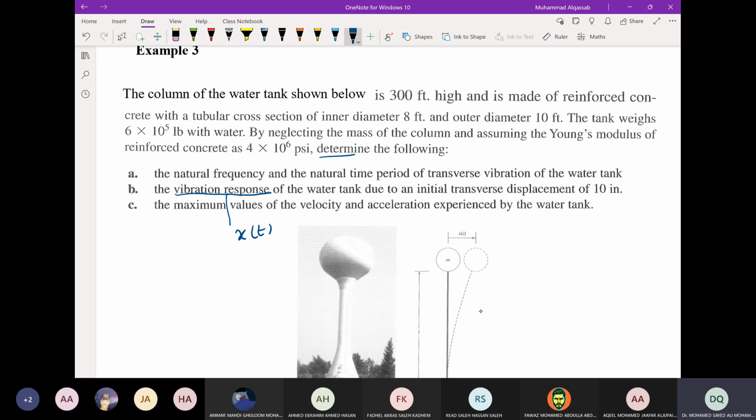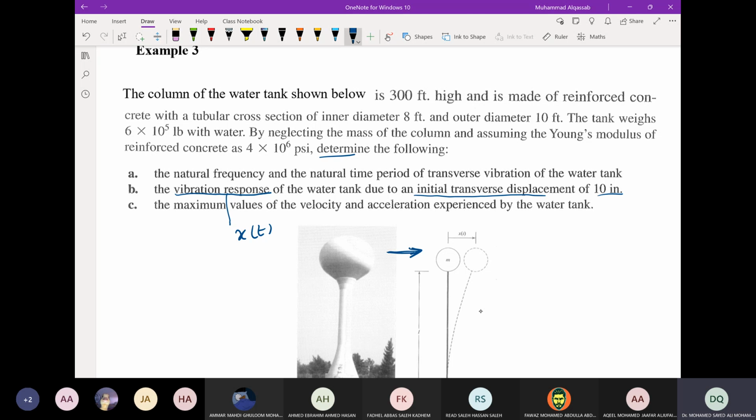It is different than the amplitude. Amplitude is the peak value. But when it says response, it means X, due to an initial transverse displacement. Now this direction is called the transverse, means horizontal, of 10 inches.